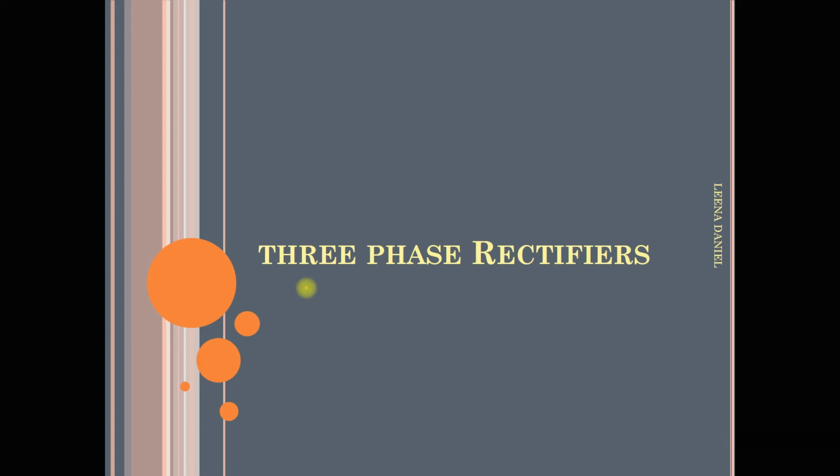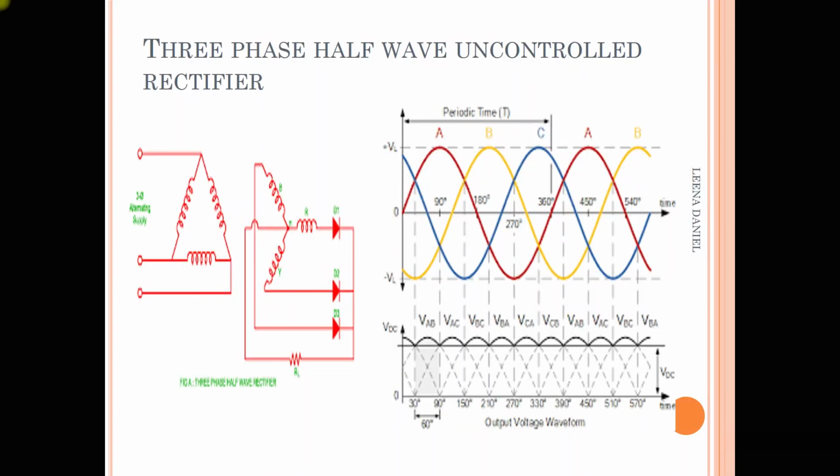In transmission and distribution systems we use three phase rectification, because the efficiency of three phase rectifiers is much better, or higher, than single phase rectification. So let's see the three phase rectifiers. This is the uncontrolled half wave rectifier. Here we have used diodes for rectification.